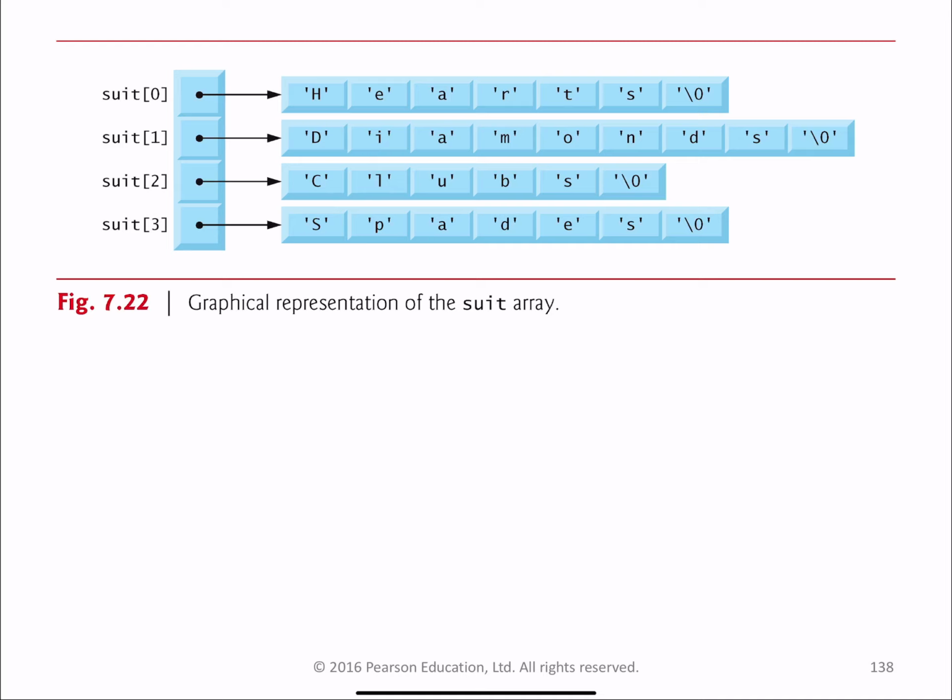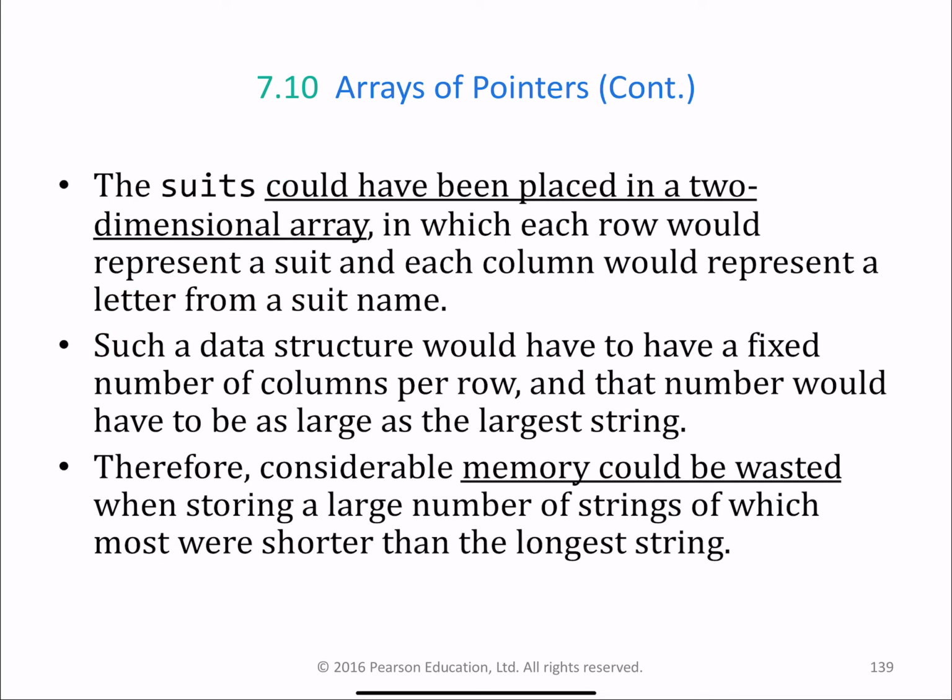This is our array, size 4, suit, and each element is a pointer pointing to a string somewhere else in memory. Where? That is what each of these array elements contains, that address.